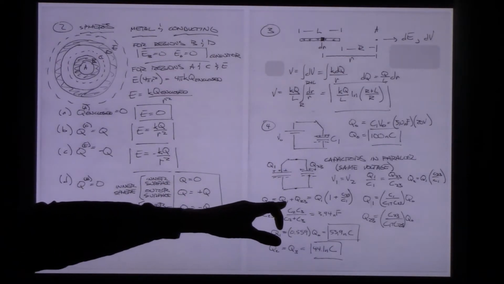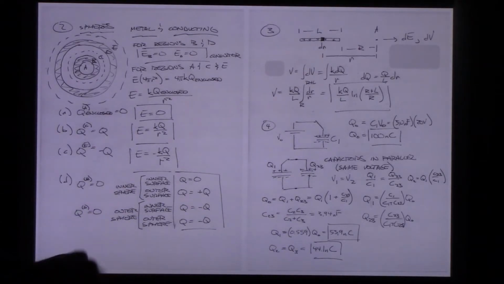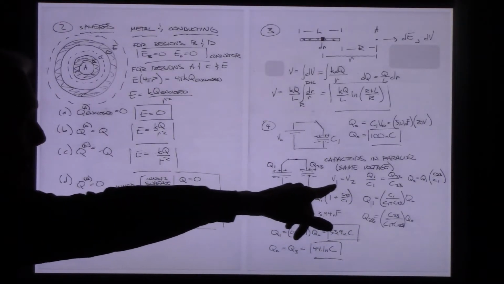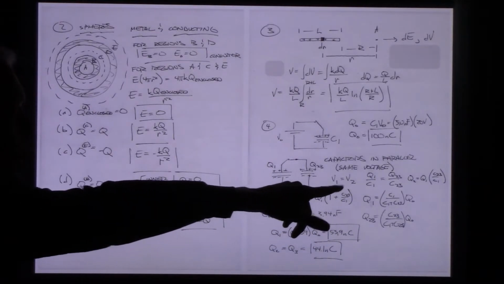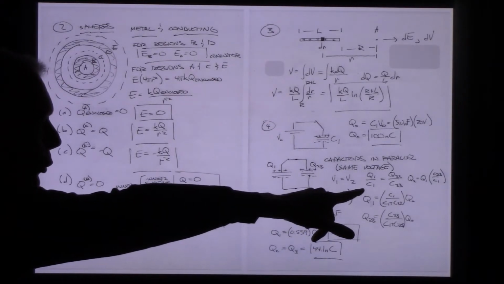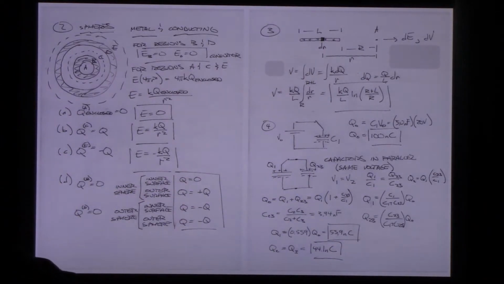Capacitor 1 will hold on to Q1 amount of charge, and the charge that goes over onto capacitors 2 and 3, we'll call Q23. Because the voltages are going to match at equilibrium, that means Q1 over C1 is equal to Q23 over C23.